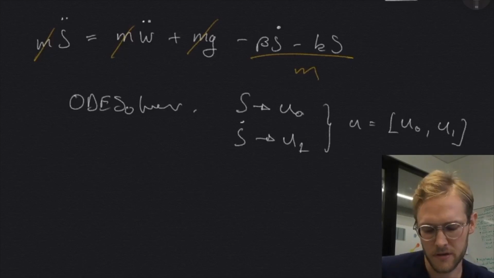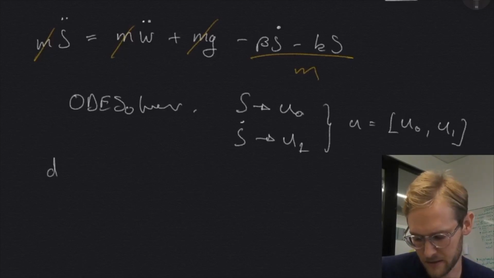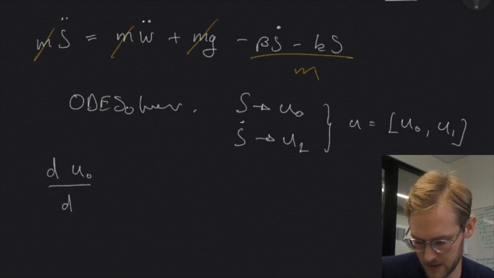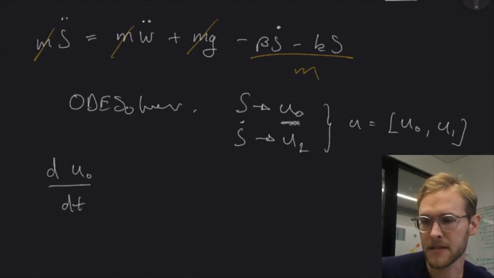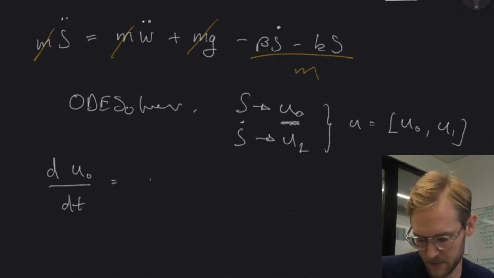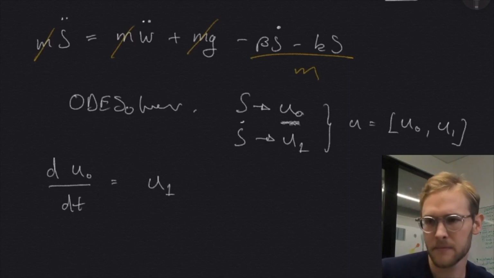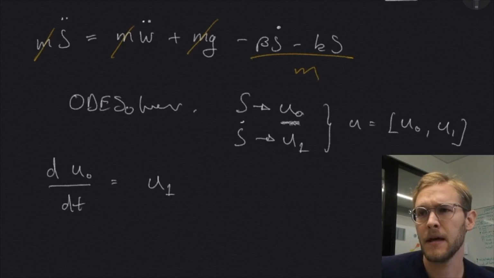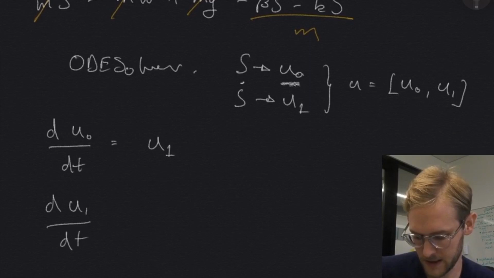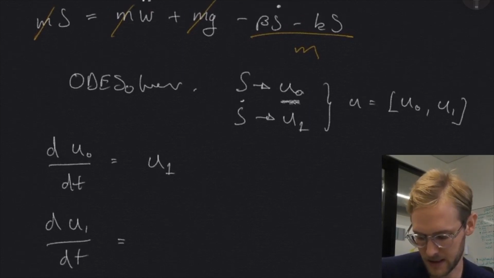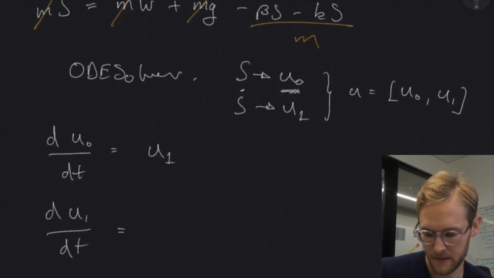So the first of these equations we'll simply write as du0/dt, this bit, is simply equal to u1, okay? And furthermore we'll write du1/dt.